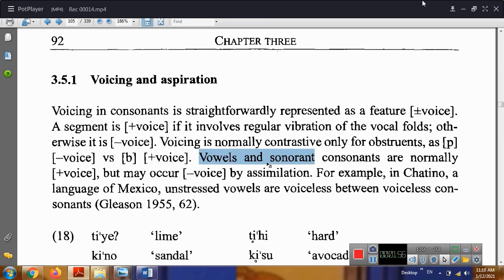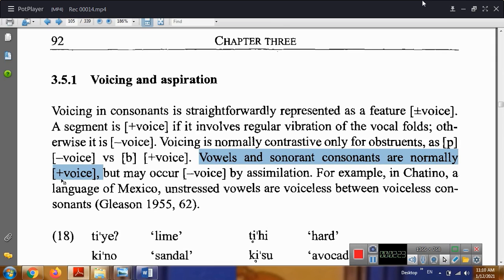Vowels and sonorant consonants are normally plus voice. Pay attention to this point: vowels and plus sonorant consonants are normally plus voice, but may occur minus voice by assimilation.